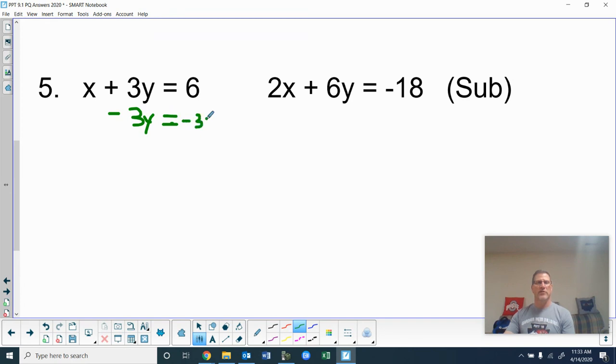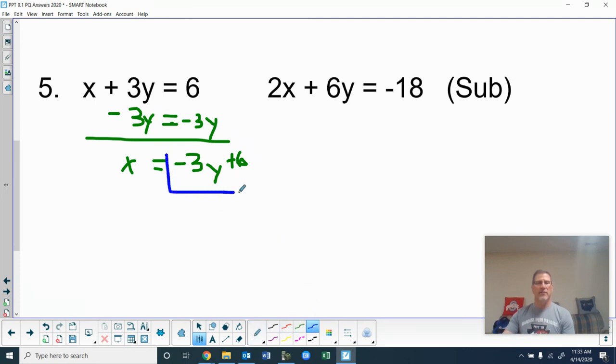Some of you on your homework, when you subtracted 3y and got x by itself, you forgot to keep it negative. You made it positive, and that messed you up. So I take that, negative 3y plus 6, and I move it or substitute it into the other equation for x.